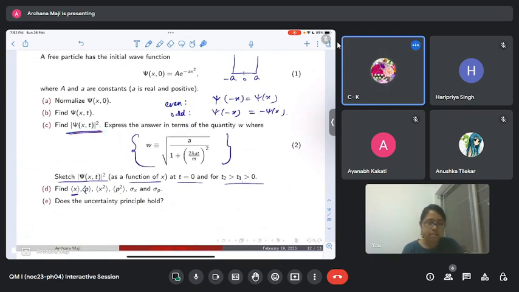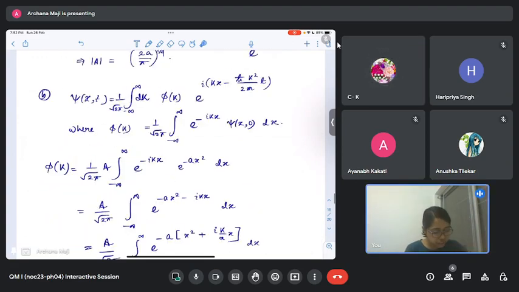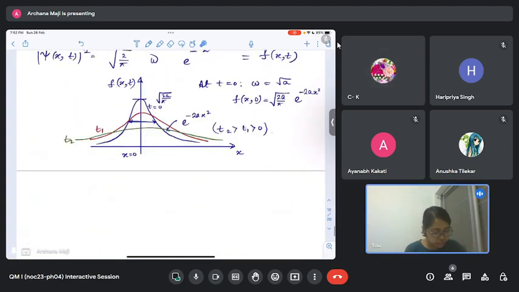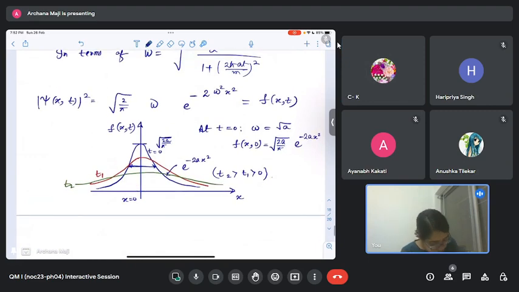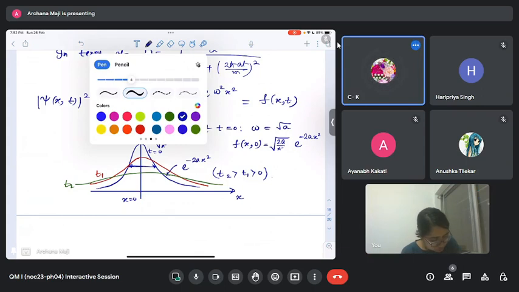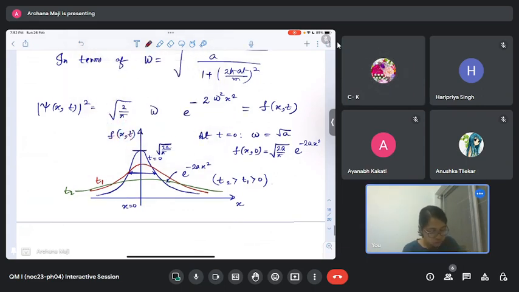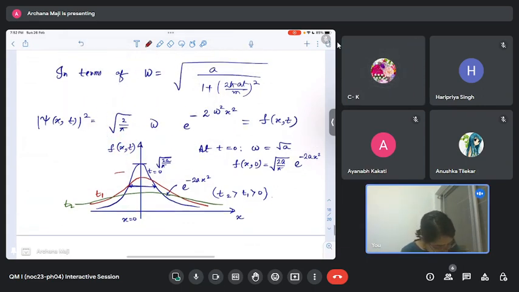Omega is not getting flatter. Omega is the height of this curve. So this is omega at t1, the value of omega at x equal to 0. Sorry, this is not omega, but this is omega. This is square root 2 by pi omega at t1, this point, this height.